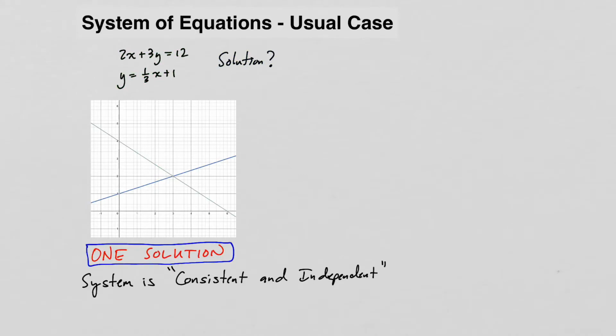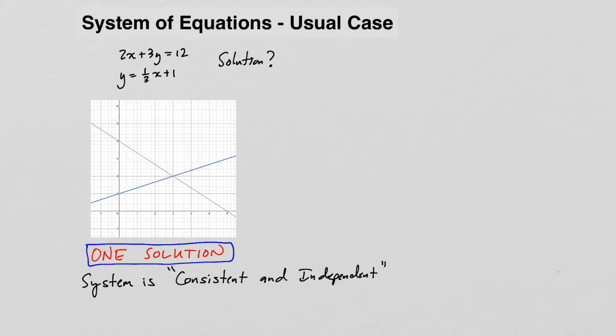So if I take those same two equations that we just went over and put them together, we now have a system of equations. And if I graph each of those equations simultaneously, here we have the graph of y equals 1/3 x plus 1, and here we have the graph of 2x plus 3y equals 12.